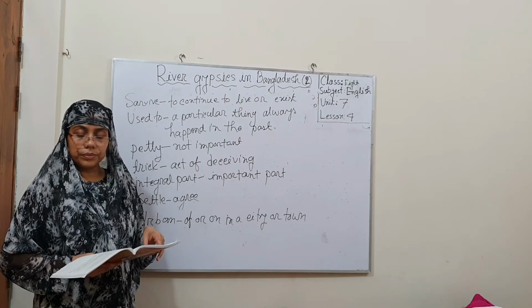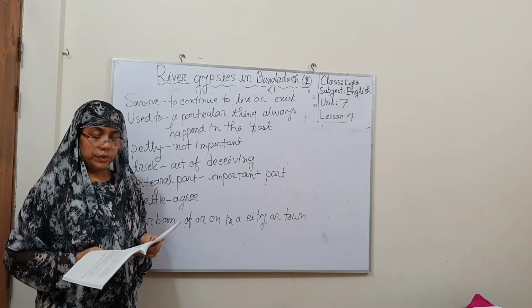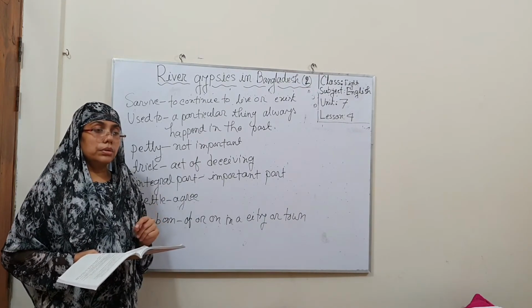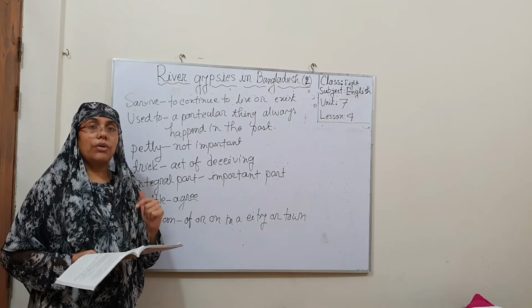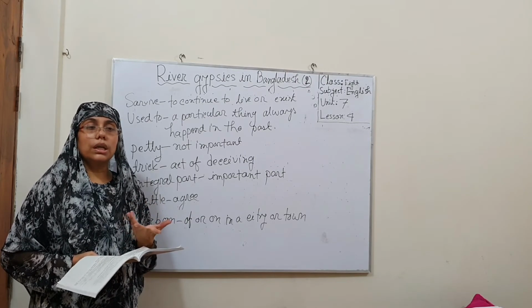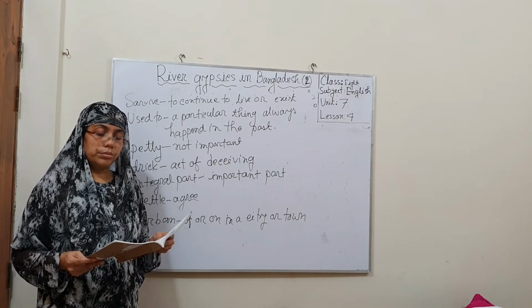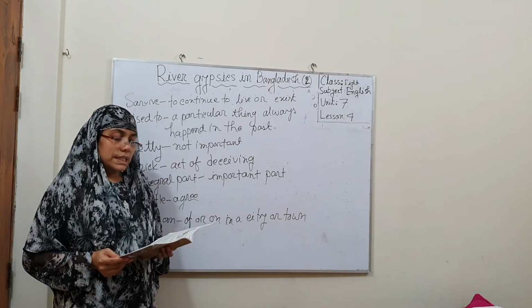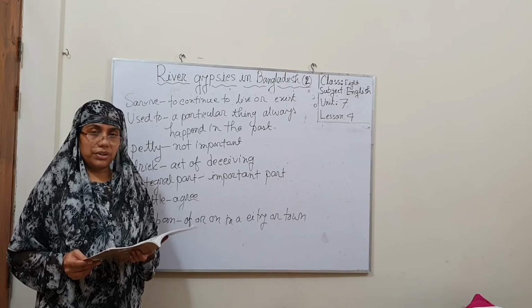And another thing, they face a housing problem. And the next one, they cannot educate their children in a conventional school or any way. All of these are their main problems. And number 2, what is the effect of global climate change in Bangladesh?